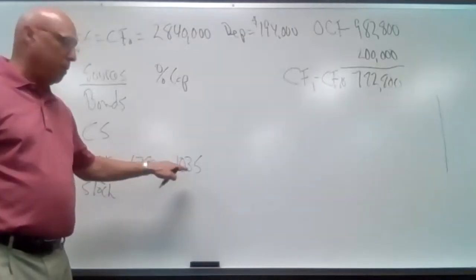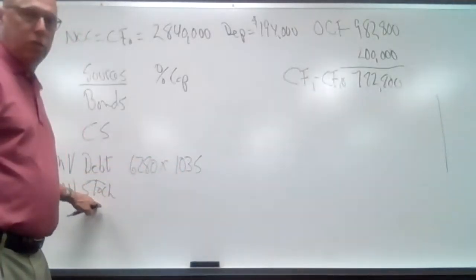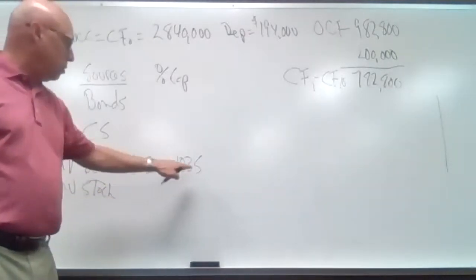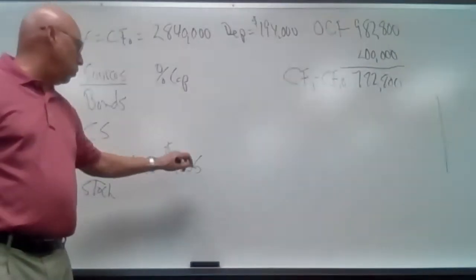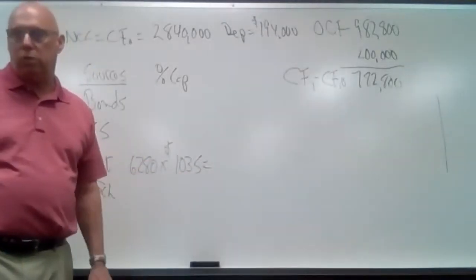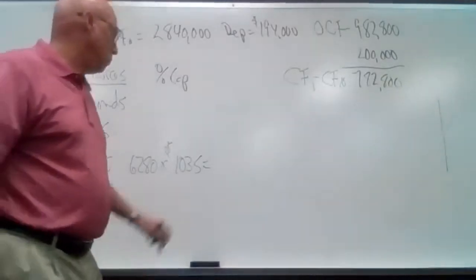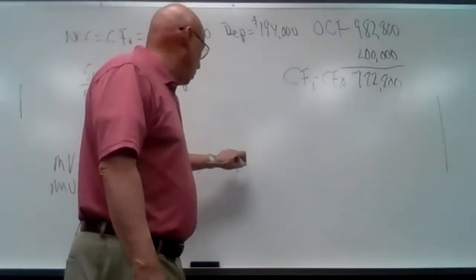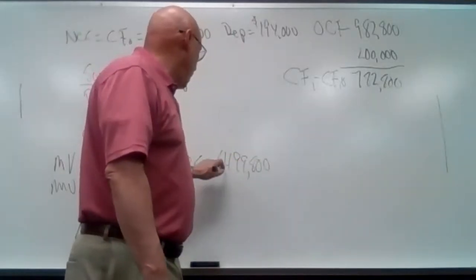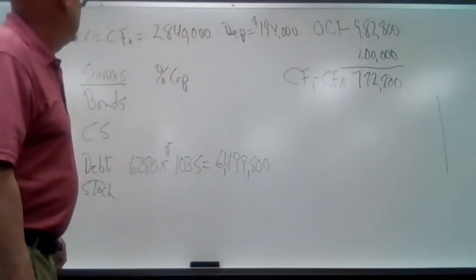You multiply it by the market price. You're not confused about stock because the par value for stock is irrelevant. Okay? Market value. So somebody tell me what 6,280 times $1,035 is. 6,499,800. All right, now if this thing works right, well, let's see.